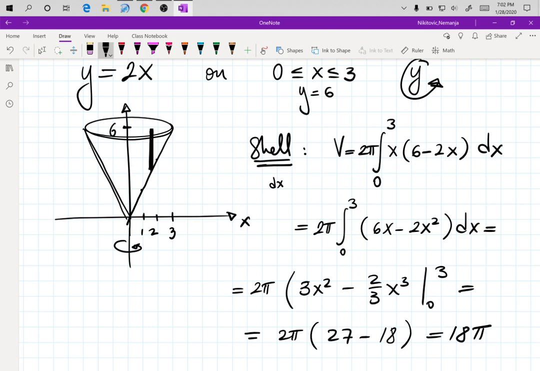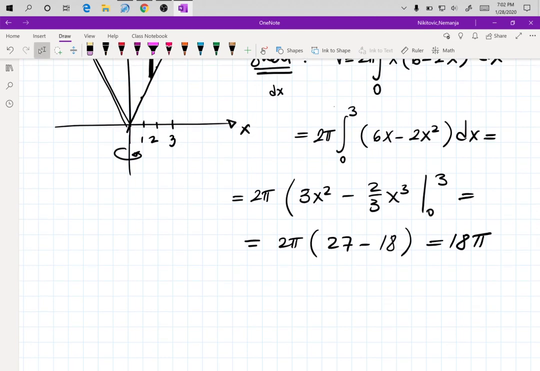Now let's do the same problem using the disk method and confirm 18 pi. If I have the same problem using disk, I will have to use dy because it's a y rotation. You don't get to change the rotation. You don't get to change functions, right?